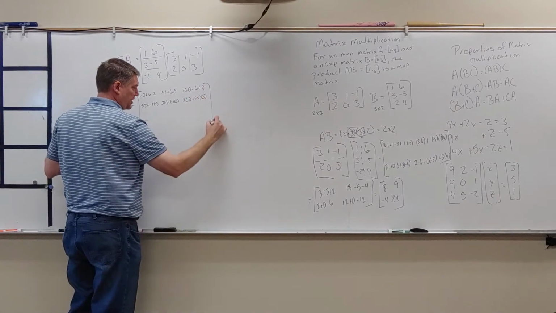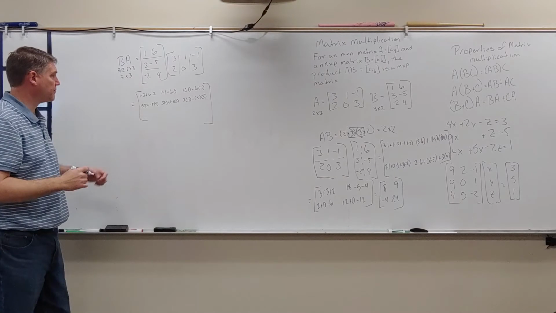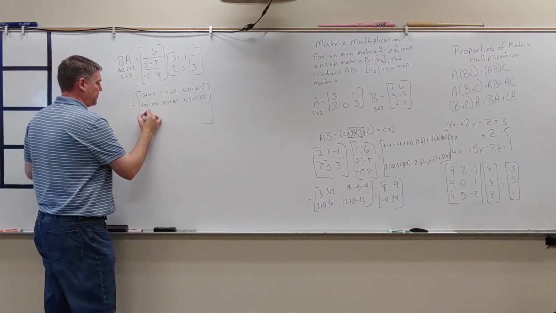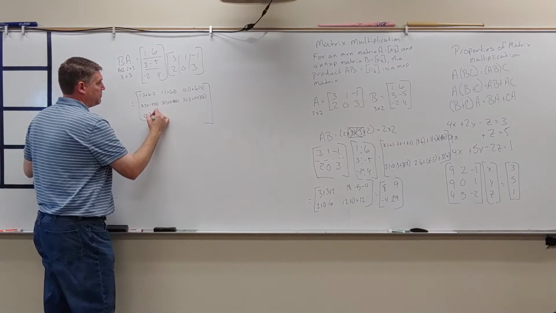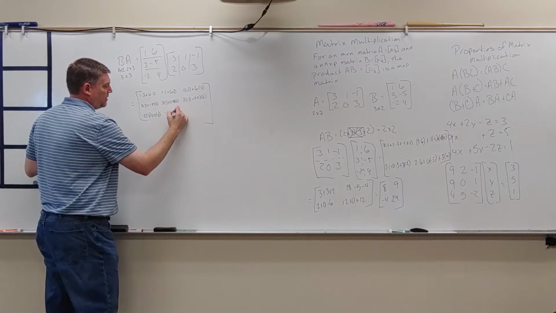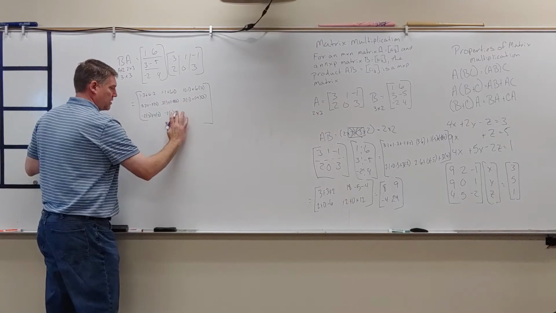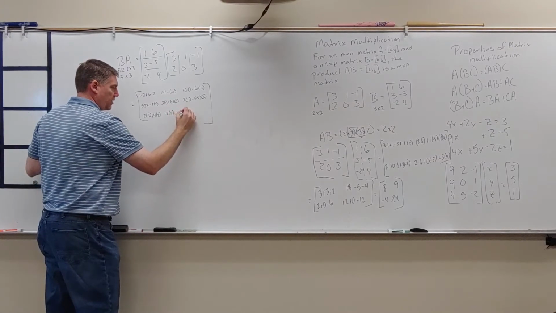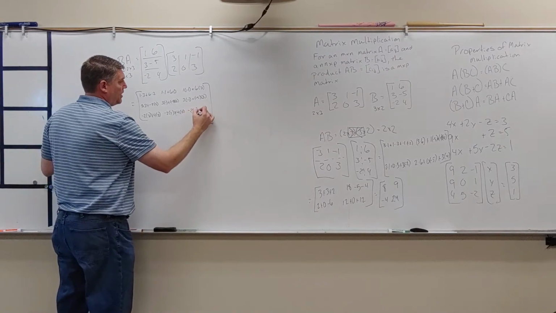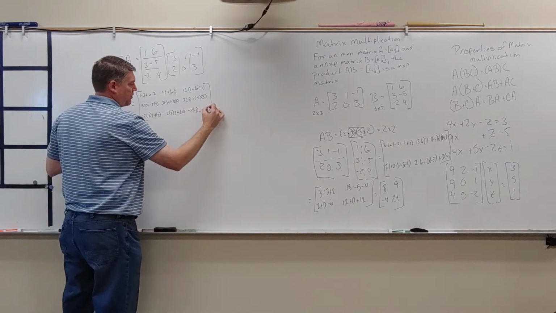There's my second set of values. Now I go third row times every single column. Negative 2 times 3 plus 4 times 2. Negative 2 times 1 plus 4 times 0. Negative 2 times negative 1 plus 4 times 3.